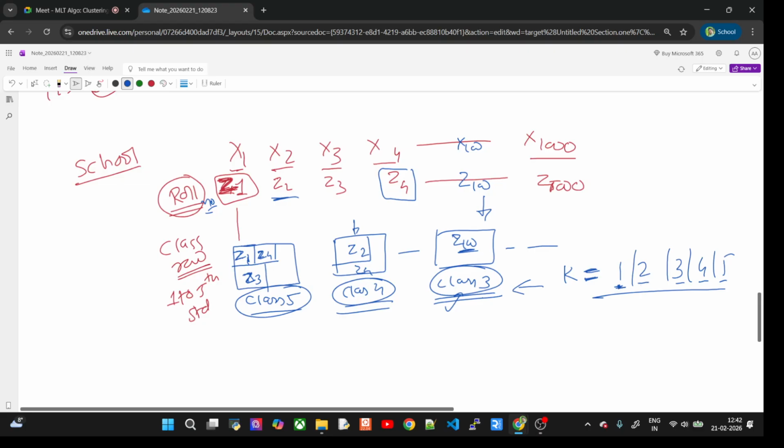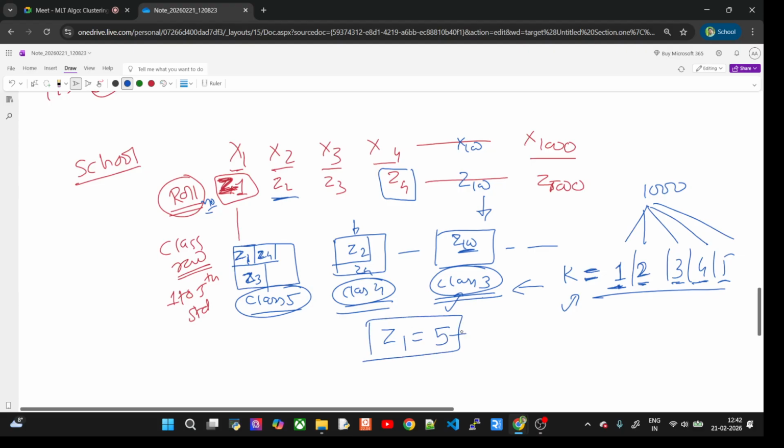So you have a limited number of classrooms. Though there are 1000 students, it's okay. Those 1000 students are divided into class 1, class 2, class 3, class 4 and class 5. That's why this is the cluster indicator. So roll number z1 will go to class 5.